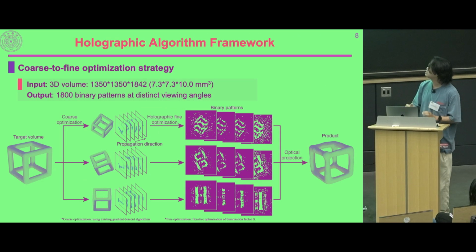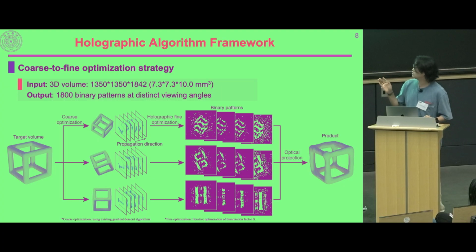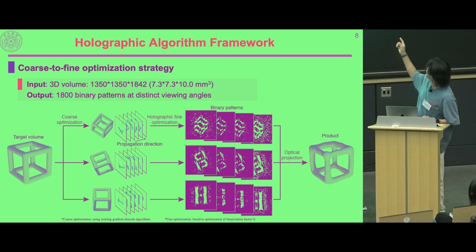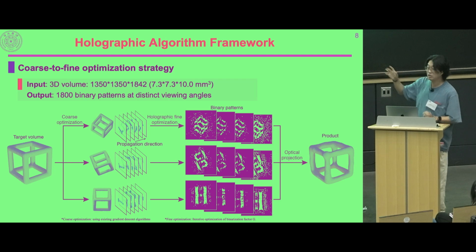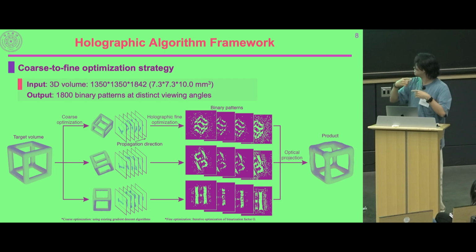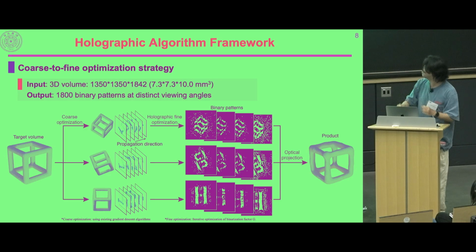We developed an algorithm we named the coarse-to-fine optimization strategy. We used coarse optimization with an existing gradient descent algorithm first, and then we iteratively increase the resolution step by step.